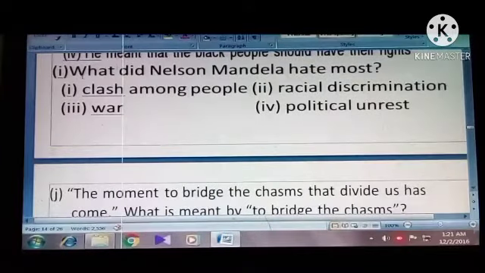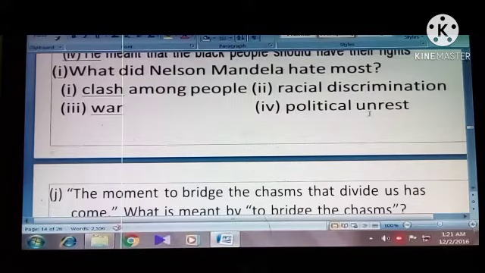Then what did Nelson Mandela hate most? Number 1, class among people. Number 2, racial discrimination. Number 3, war. Number 4, political unrest. And we know that Nelson Mandela hated racial discrimination most.